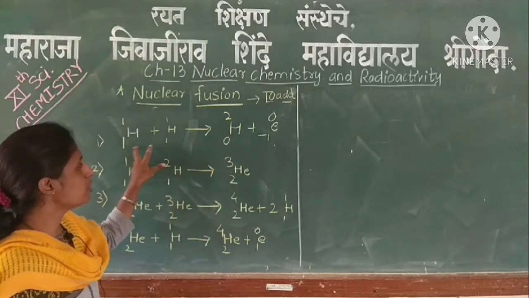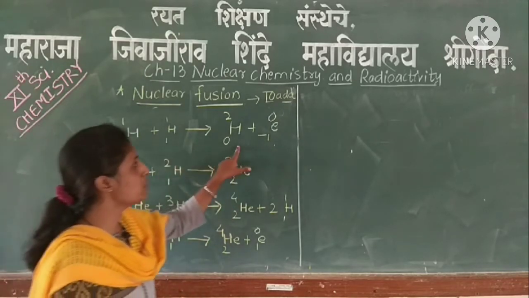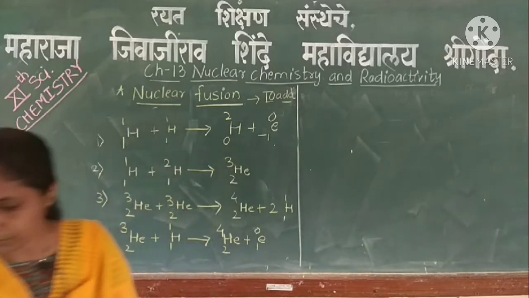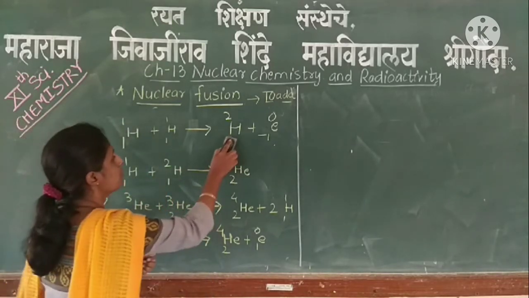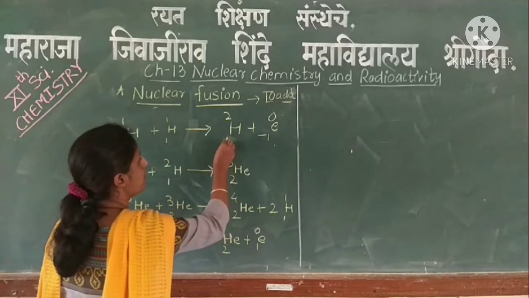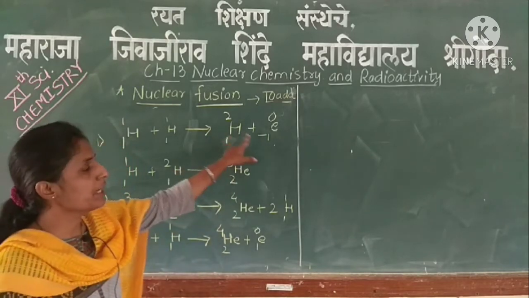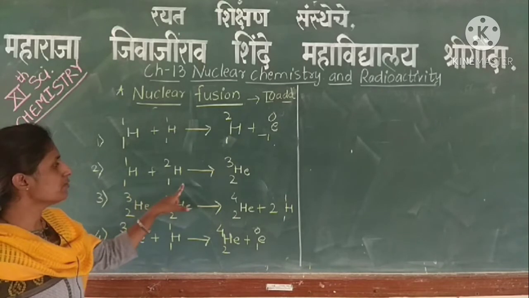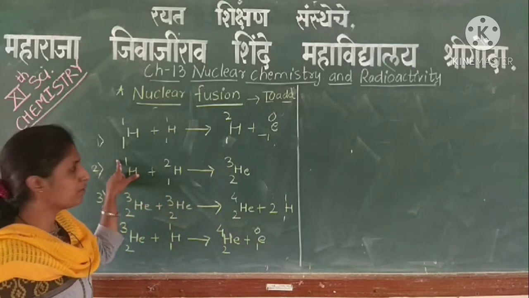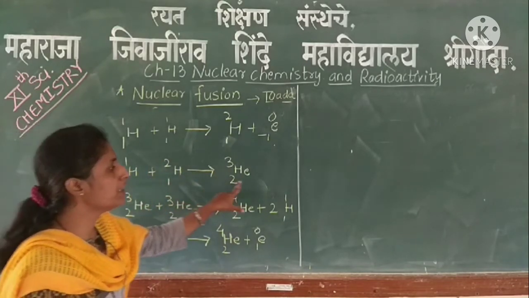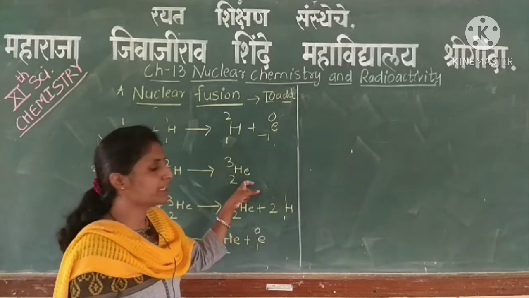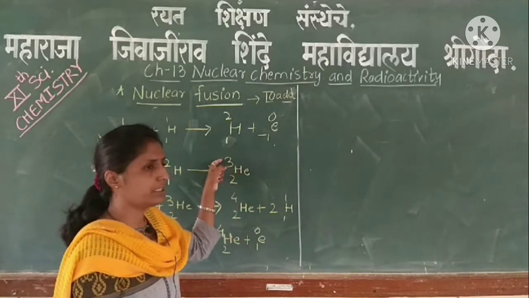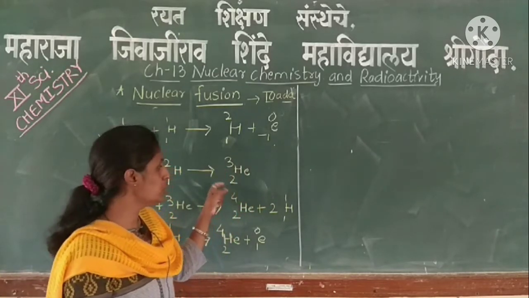Two hydrogen atoms combine to give you one hydrogen atom with mass 2, releasing one electron. Hydrogen with mass number 1 and mass number 2 combine to give you helium of mass number 3 and atomic number 2.